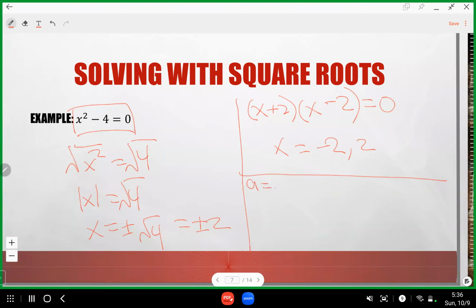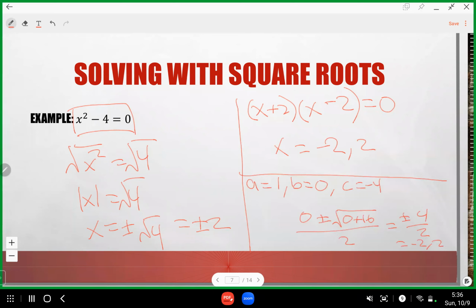A is equal to 1, b equals 0, c equal to -4. Then you're going to get 0 plus minus square root of 0 plus 16 over 2, which is just plus minus 4 over 2, equal to -2 and 2.